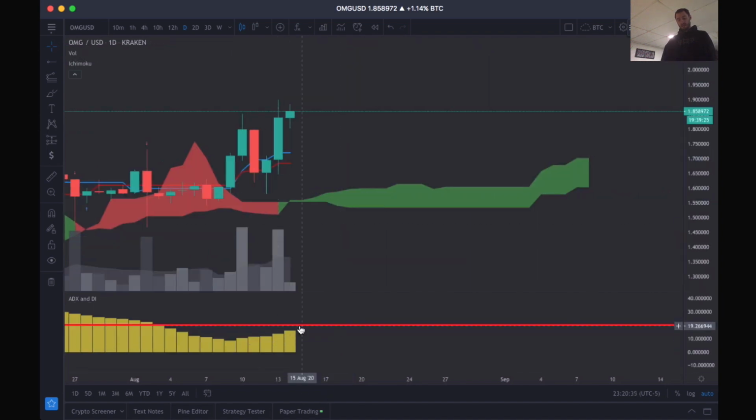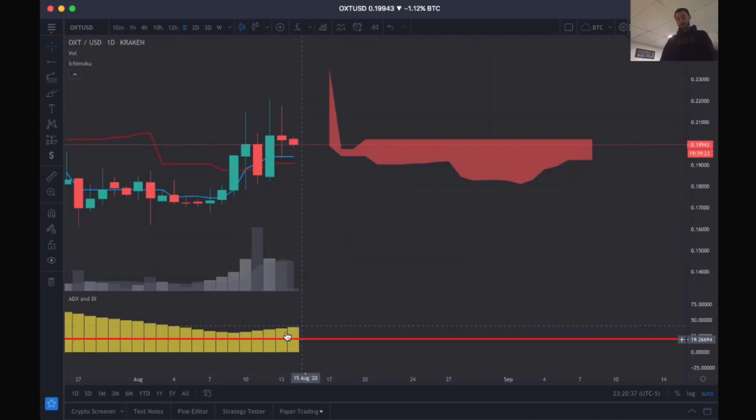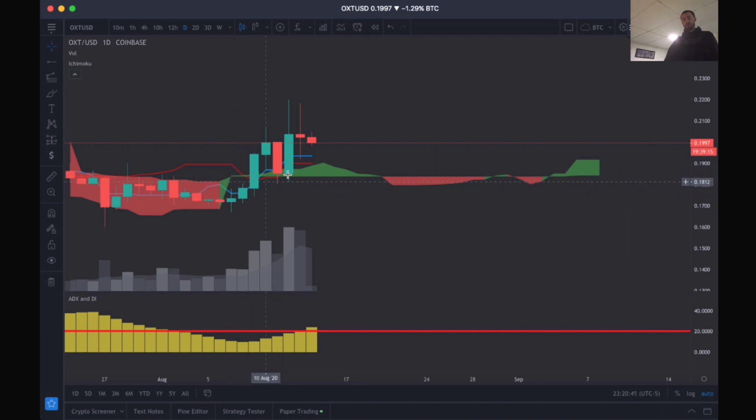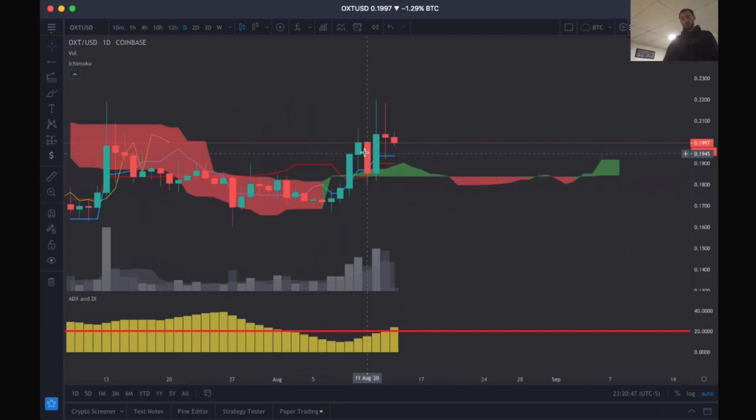This one is below the ADX. This one's above the ADX, but I have to use this because this is a recent addition. So now that we've got a cloud, I would not buy this because the lightning bolt is in the cloud.